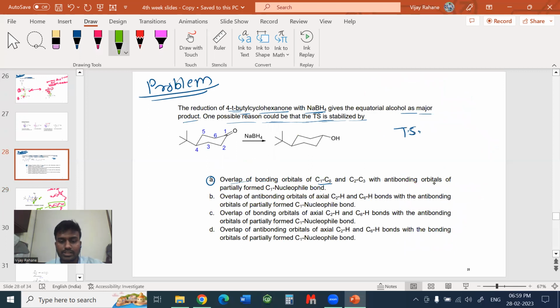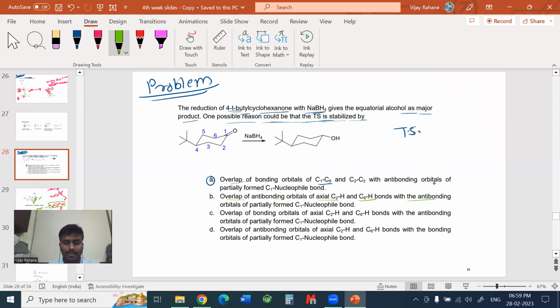So what are the options they have given? Overlap of the antibonding orbital of C2 hydrogen and C6 hydrogen with the antibonding orbital of the partially forming C1 nucleophilic bond, and option C is the overlap of the bonding orbital of the axial C2 and C6 hydrogen bonds with the antibonding orbital of the partially forming C1 nucleophile bond.